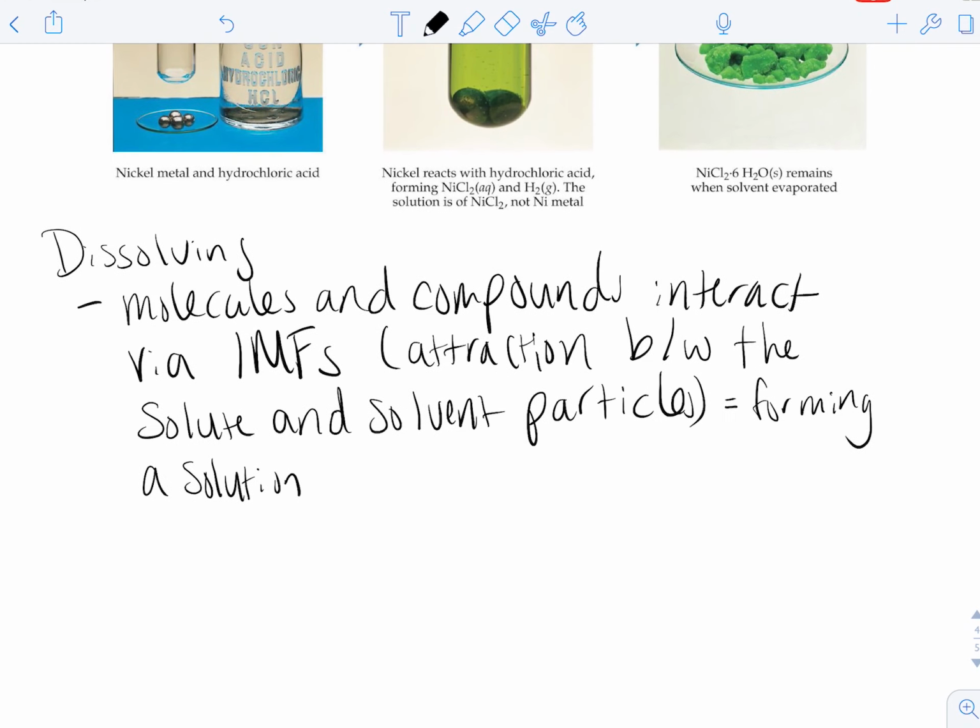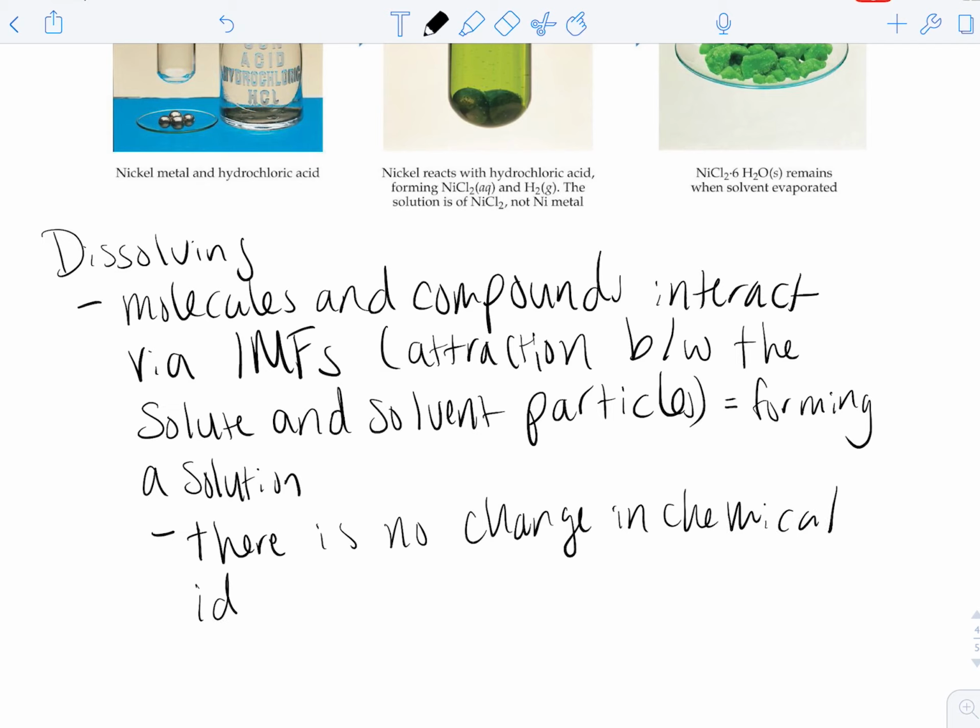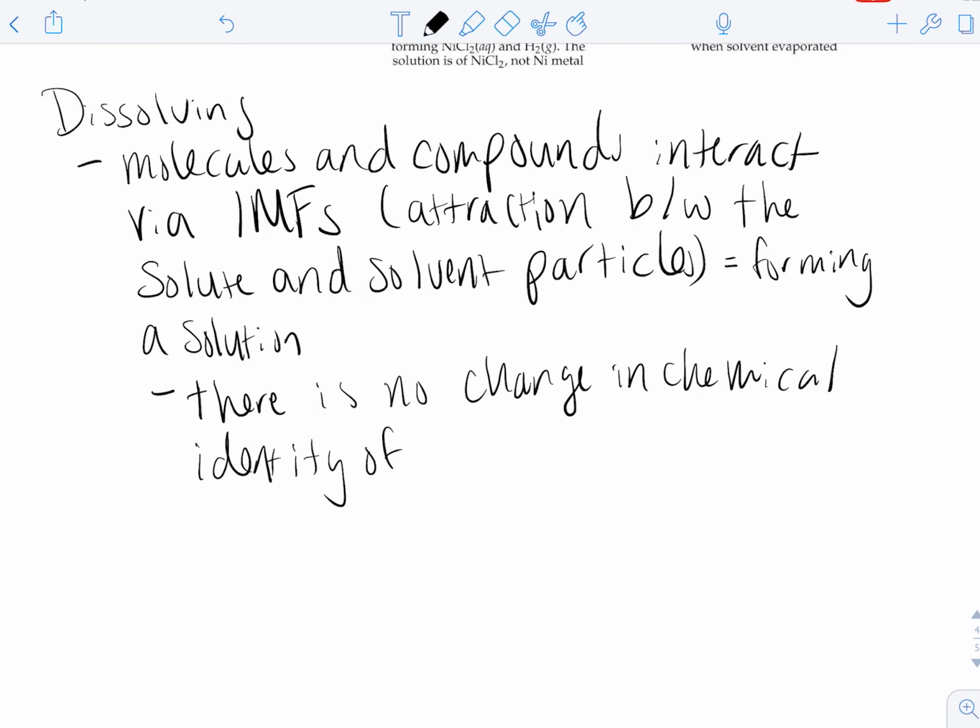What does not occur is a change in identity. There is no change in identity of the substances.